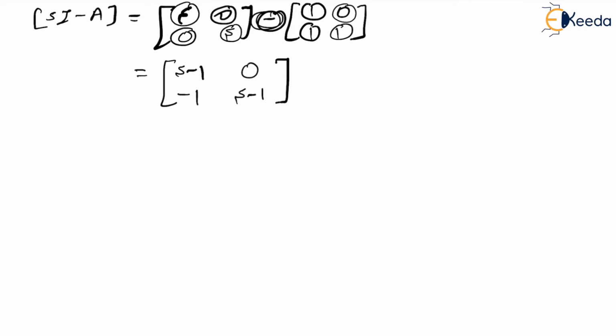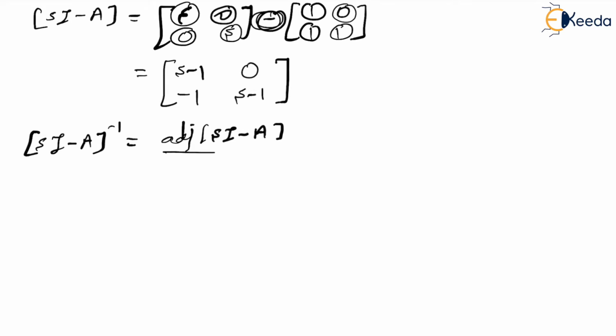What I'm interested in is (sI minus A) inverse. It is given by the adjoint of sI minus A divided by the determinant of sI minus A. What is the determinant?